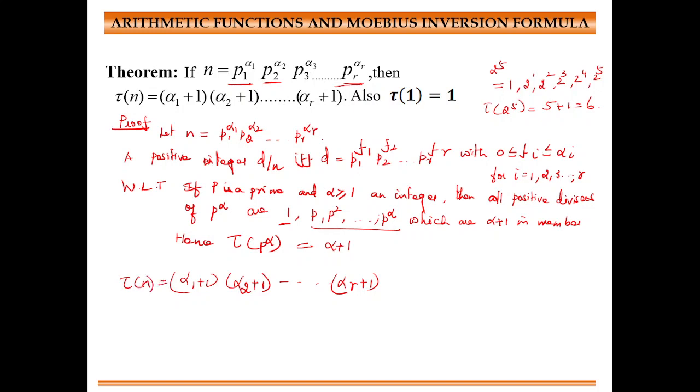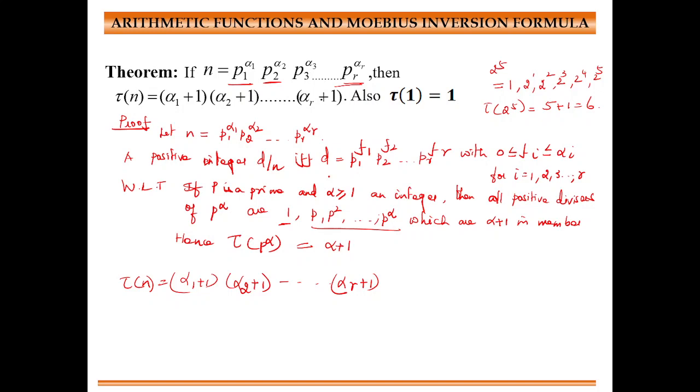Therefore, we have proved that if n is equal to P1 to the power alpha 1 up to PR to the power alpha R, then tau of n is equal to alpha 1 plus 1, alpha 2 plus 1, etc., alpha R plus 1.